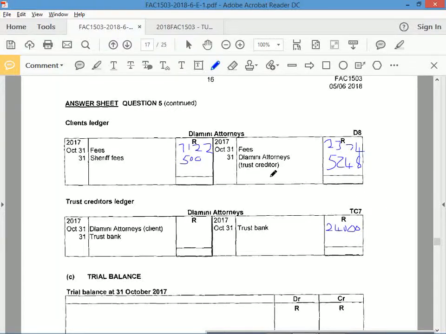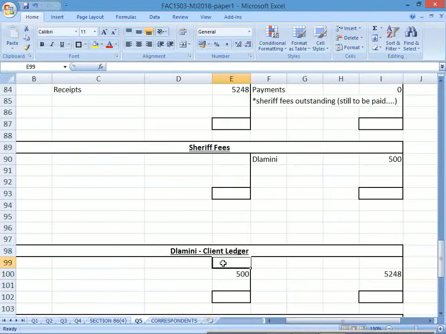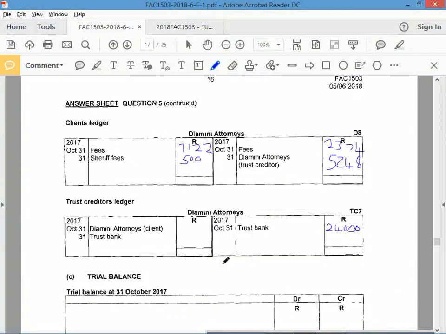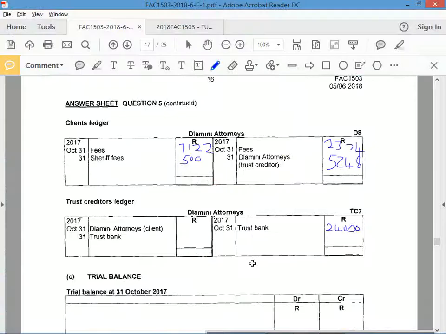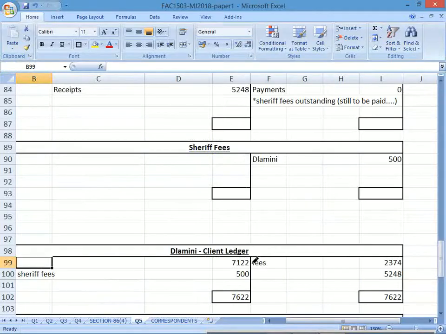So that one's covered. Let me just record it here. 7122. And this was the 2374. The total there was that same total. Okay, that was fees. That was sheriff fees. And this was fees and Glamini.